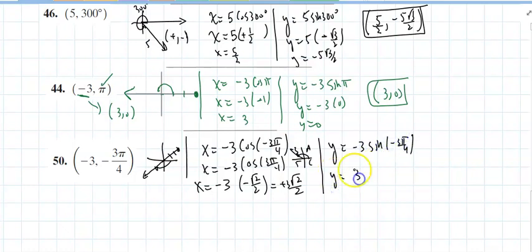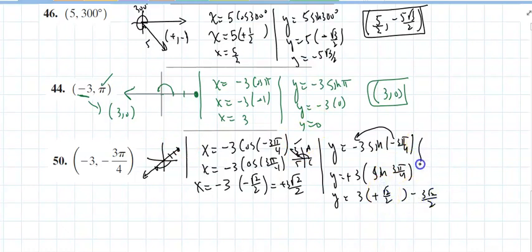Y would be negative 3 times the sine of 3 pi over 4, since sine is an odd function. That will be 3, and in the second quadrant, sine is positive, and that's radical 2 over 2, and that would be 3 radical 2 over 2. So here we have the point converted to xy, that would become 3 radical 2 over 2 and negative 3 radical 2 over 2.